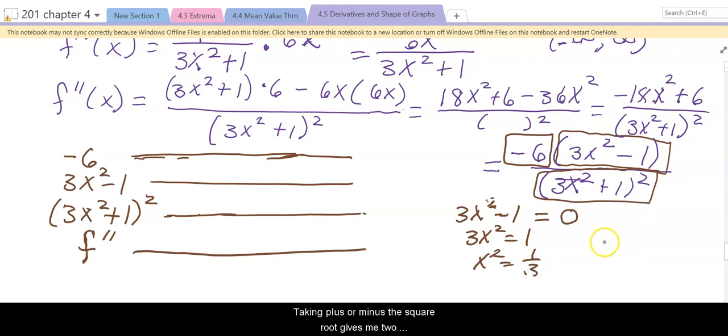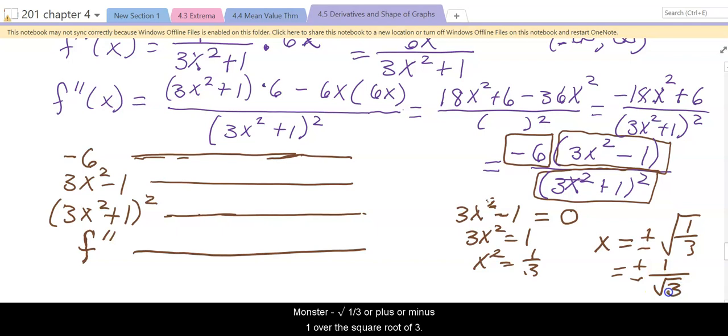Taking plus or minus the square root gives me 2 values to consider, plus or minus the square root of 1/3, or plus or minus 1 over the square root of 3. You can also write this as square root of 3 over 3 if you prefer.